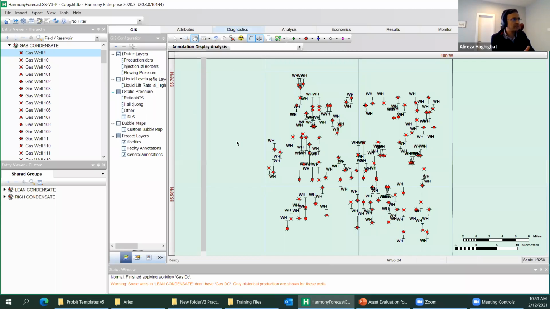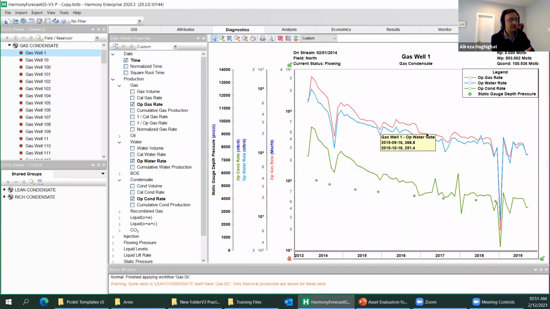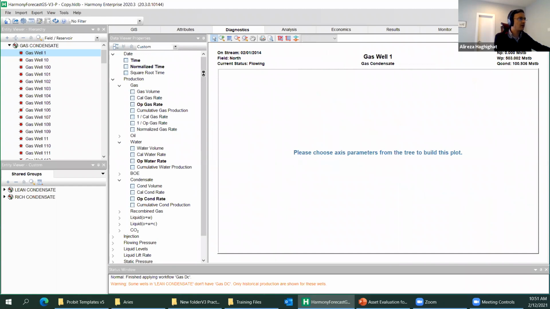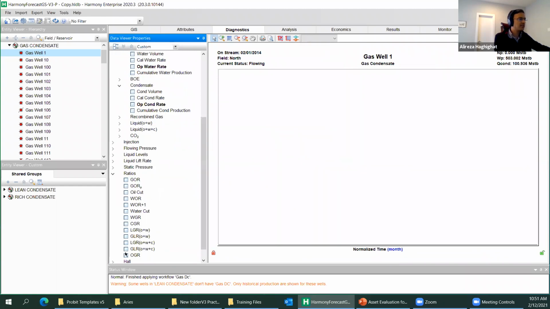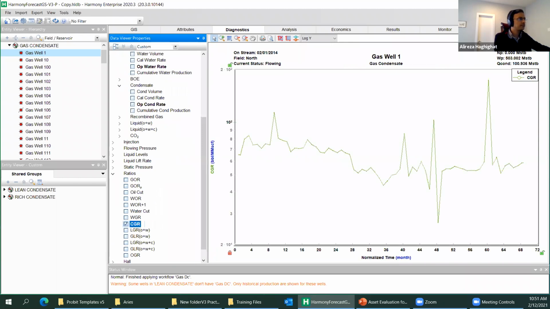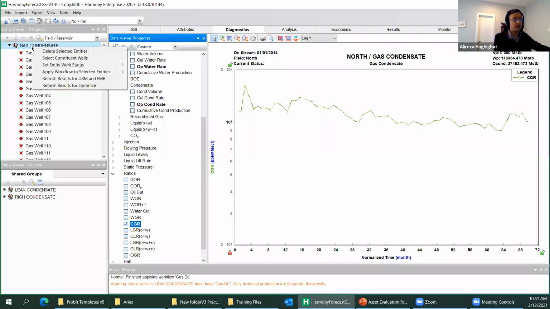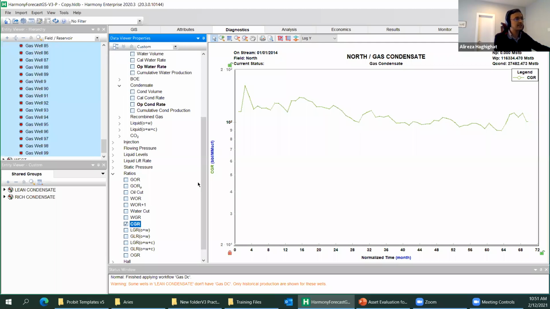I go to diagnostics that plot the performance of different dynamic parameters versus time. I deselect everything. I select normalized time, and then I select condensate to gas ratio. And the other thing that I do, I select all the wells that I have in my condensate asset.